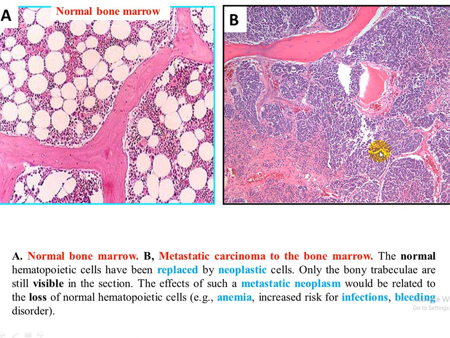In contrast, this bone marrow appears with complete replacement of normal hematopoietic tissue with sheets of highly malignant and undifferentiated cells, with hypercellularity and hyperchromasia, completely invading and replacing the normal hematopoietic tissue, with only the normal bony trabeculae remaining. It is a typical example of metastasis into bone marrow.